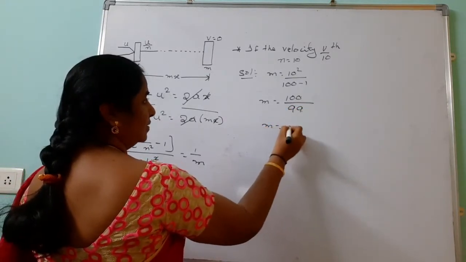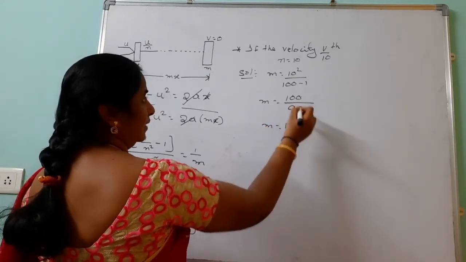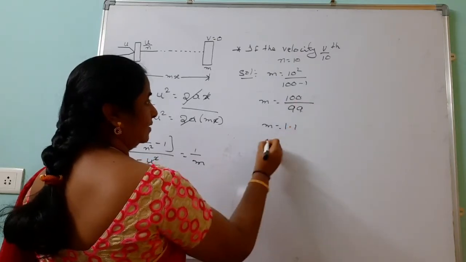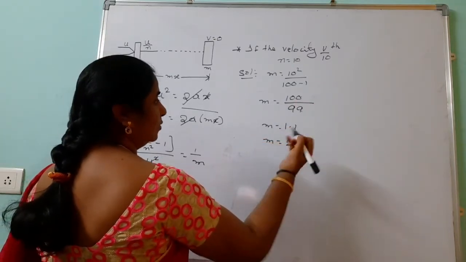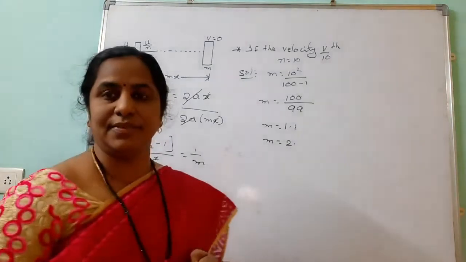So m equals 1.something, and we require 2 planks.